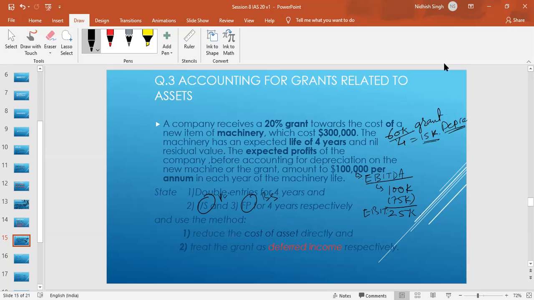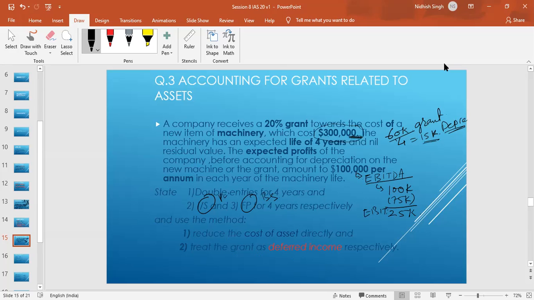But the first thing is that we need a very clean way of reflecting depreciation, rather than having 300 minus 60,000, 240, and then depreciating that one and then another one. It's better that we just depreciate the entire amount, because the machinery is going to depreciate at that level. So at 300,000, we will factor the expected profit and the deferred income separately anyway.